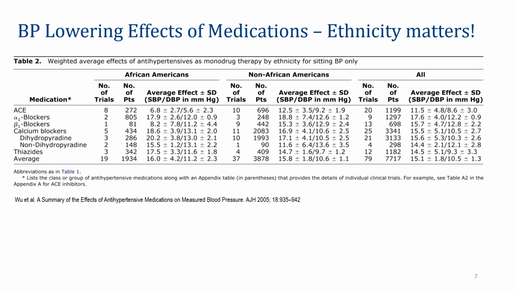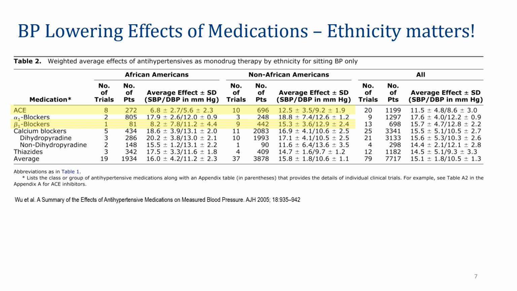Now, I just wanted to bring up a point that BP lowering effects of medications can differ from ethnic group to ethnic group. Look at this study that compared African Americans versus non-African Americans. If you look at how ACE inhibitors and beta blockers have their effects in these two groups, the non-African Americans seem to respond better to ACE inhibitors and beta blockers.